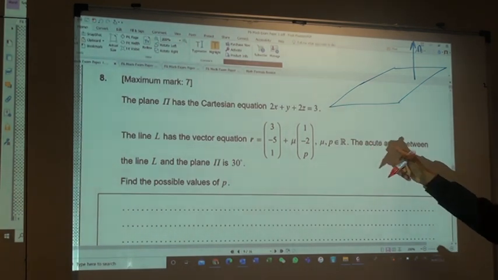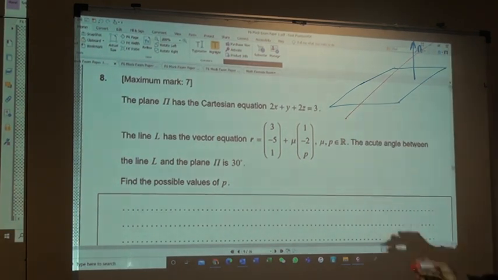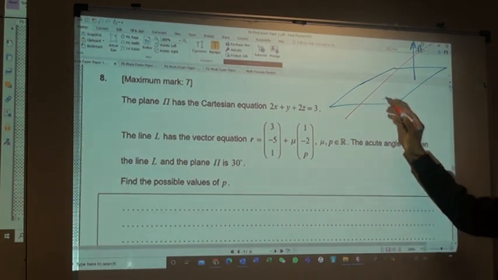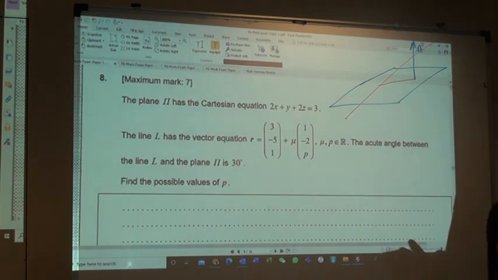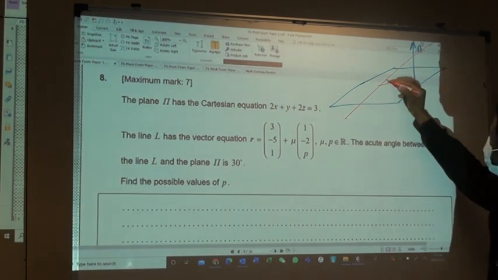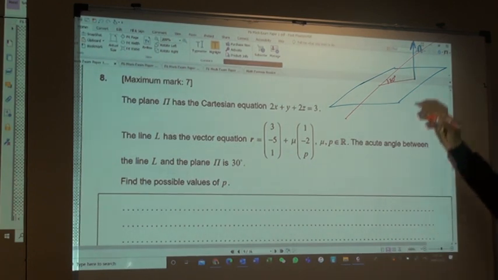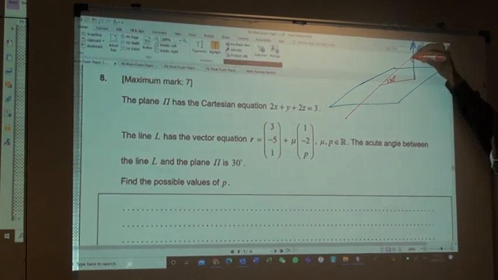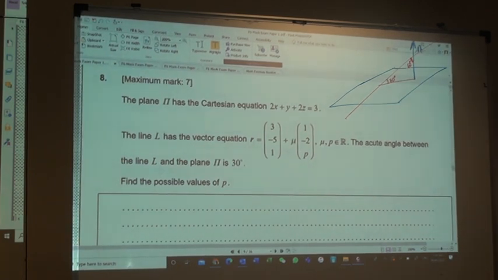The acute angle between the line and the plane. So the line comes from somewhere like this. So the acute angle, this will be like a perpendicular. Can you visualize that? This angle is 30 degrees, which means the angle between the line and the normal to the plane is 60 degrees.